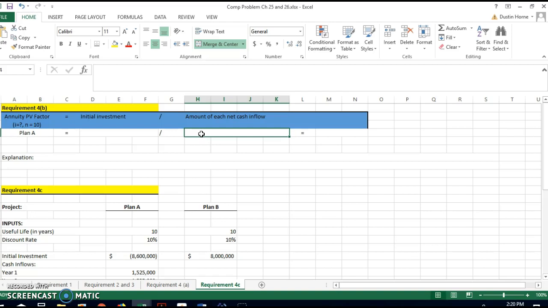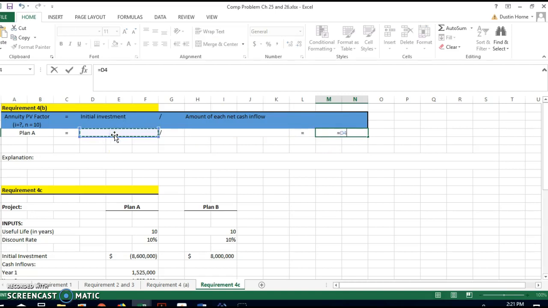If you do that, you will get a number that will help us look at the annuity table and figure out what the rate of return is. Make sure you get those two numbers off the comprehensive problem. Those are given to you. Once you put those in, let's put that formula in: this divided by this, and you're going to get a rate of return.